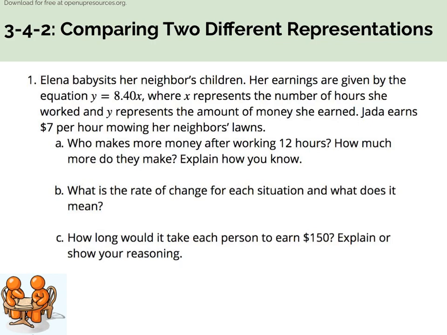All right, let's go ahead and go through this. And so let's look at each person individually. So again, Elena, her equation was y equals 8.40x. And so remember that 8.40 is the rate of change. It's technically 8.40 over 1, okay? And so it changes, so it's $8.40 for 1 hour is how she actually goes.